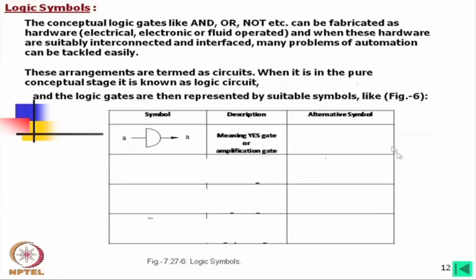It is a YES gate or amplification gate. They are a little confusing: YES means a flow is coming in and that flow is going out. Why should we call it amplification? It may not be amplified, the same input is going out, even though there might be some loss, pressure drop also. But we call it an amplification gate whenever the input is not being disturbed and goes out.